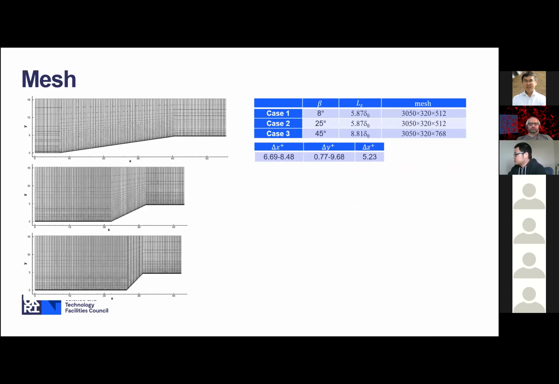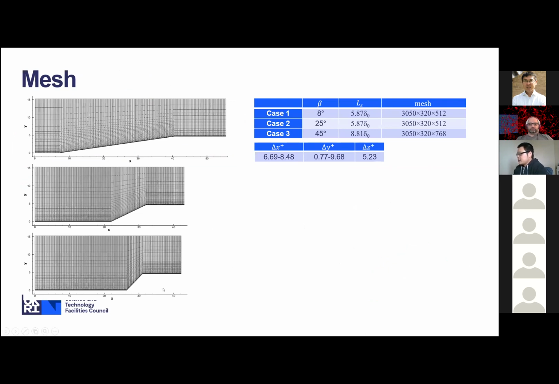This is the mesh we use, with the mesh size and the size of the domain. We basically run a quasi-2D case, using a homogeneous spanwise direction.